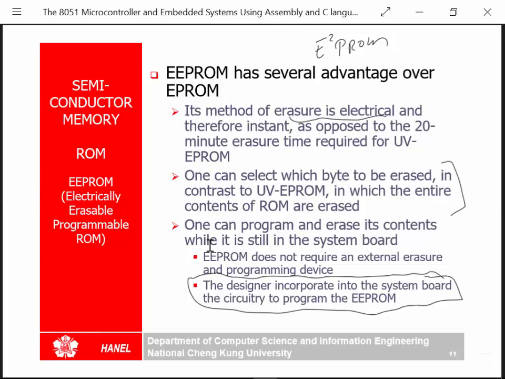One of the big advantages of that is that since we can erase it electronically, we could design into our system board the circuitry to program it, and therefore we can reprogram it in the system.